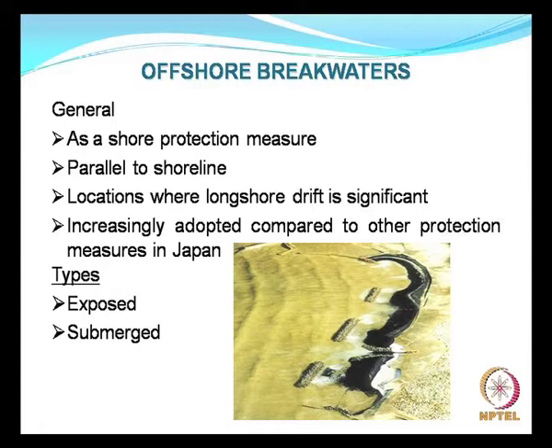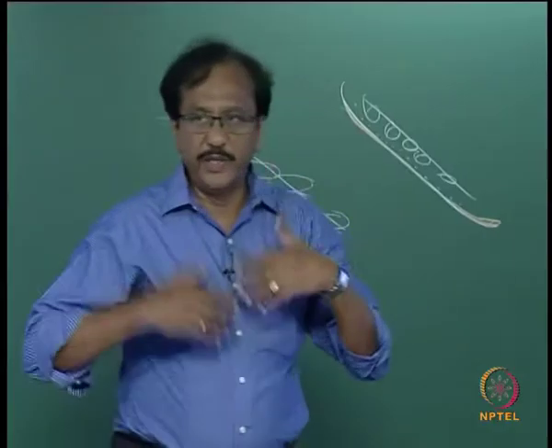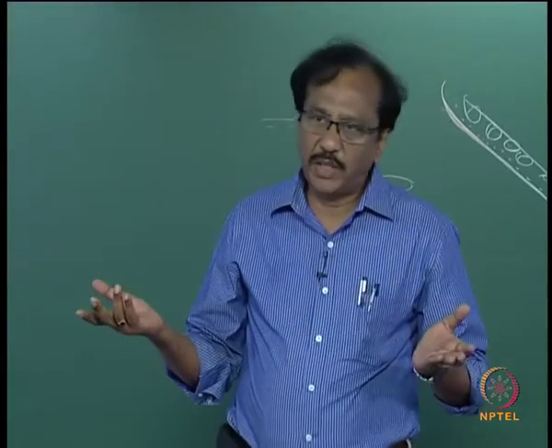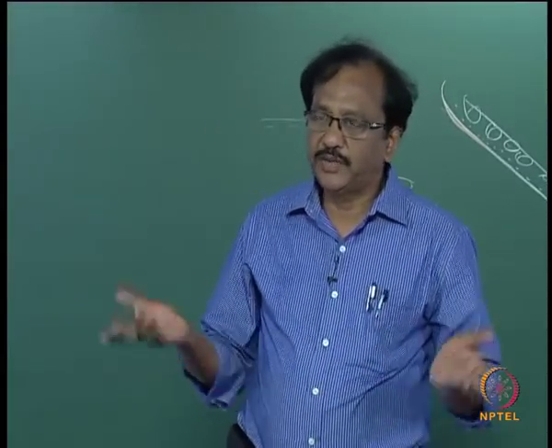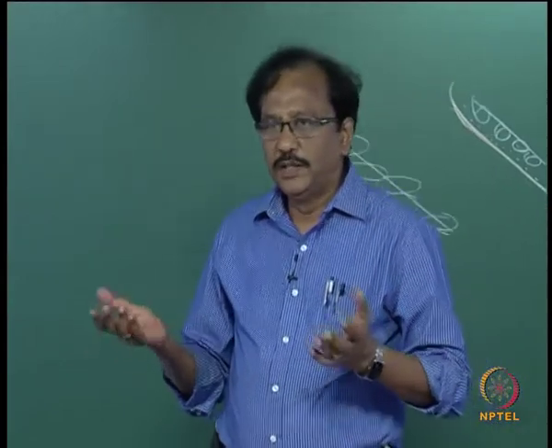Again, here you can have exposed or submerged. Remember, I have already told you when we spoke about the groin, it can be like this, or it can be completely submerged also, depending on the quantity of suspended sediments and bedload sediments. Okay. So here again you have exposed, or you can also call it partially exposed, because it will be exposed only during low tide.